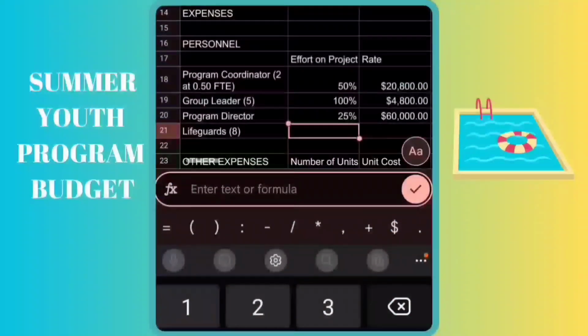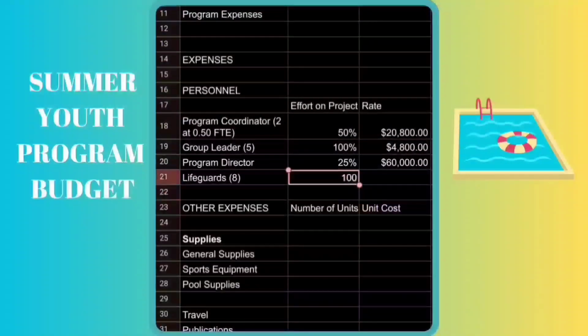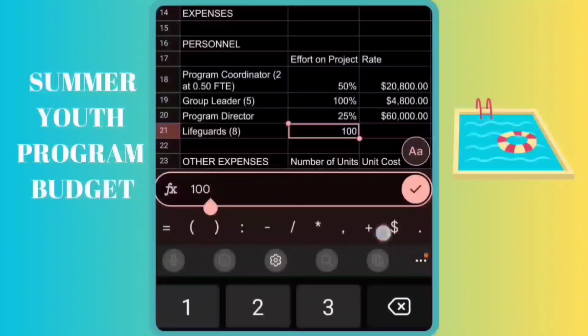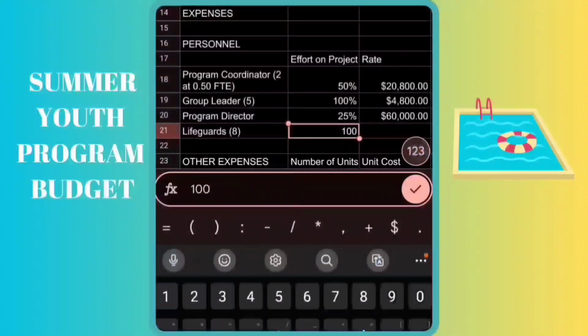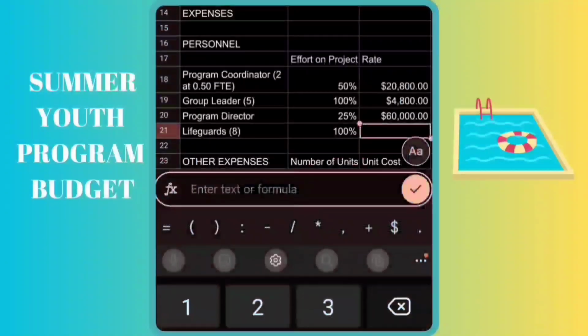Now, the program director, in this case, we gave them a salary of $60,000. And we said that 25% of their year, or their overall effort, will be focusing on the summer camp, the summer program. Perhaps they have an after-school program to focus on during the year. The lifeguards will spend 100% of their summer on the program. I decided to do this hours per day times days per week.